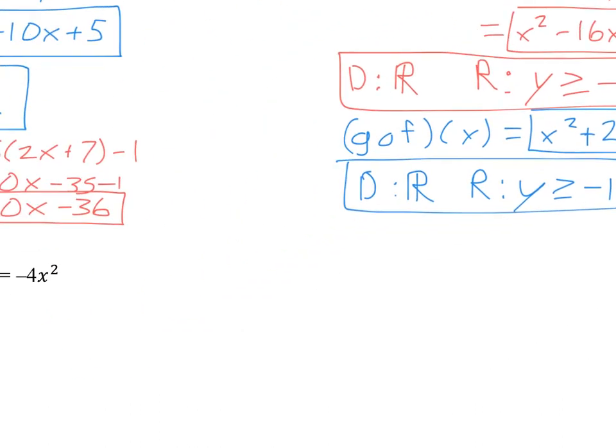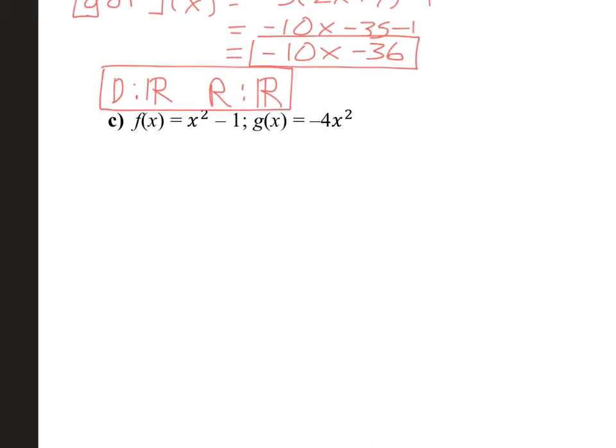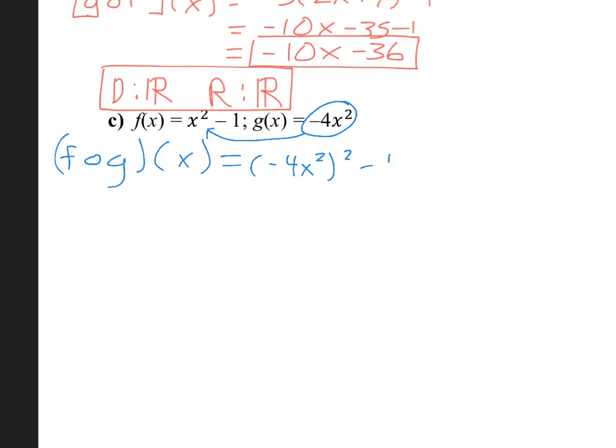Okay, one more of these. So for f compose g, you take g and plug it into f. So that'll be negative 4x squared minus 1, which makes 16x to the 4th minus 1.